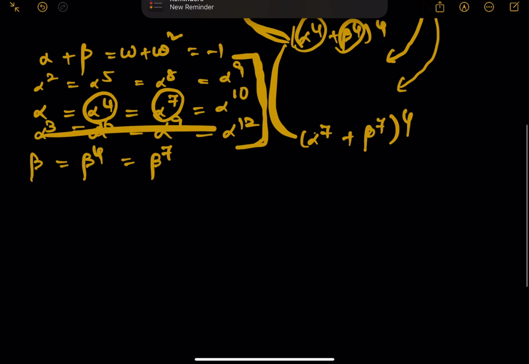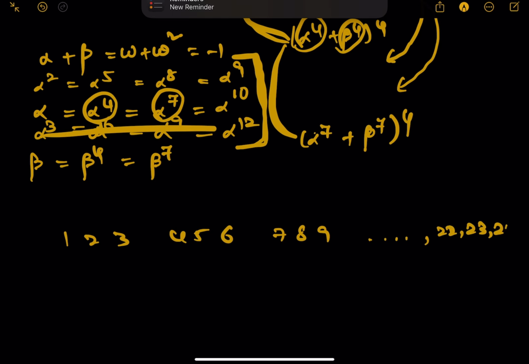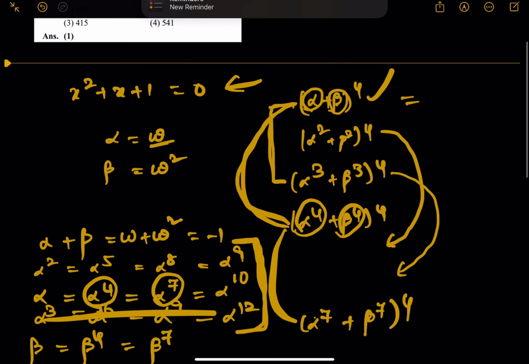All right, so till where? 1 2 3 is same as 4 5 6 is same as 7 8 9, and so on, it is same as 22 23 24. All right, so there are 8 pairs, so 8 into whatever you get for the first three terms.